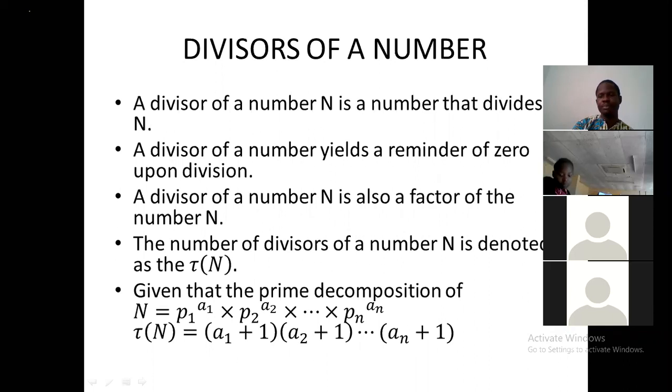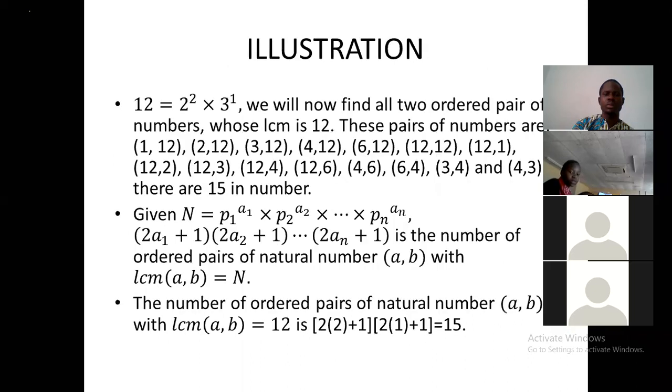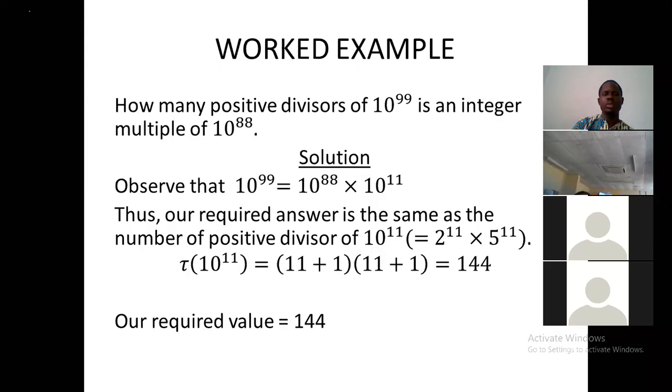Yes. So it is this formula we applied there. So the powers, 11 and 11, we add 1 to each and multiply and we get 144. I hope you're okay. Yes. Okay.